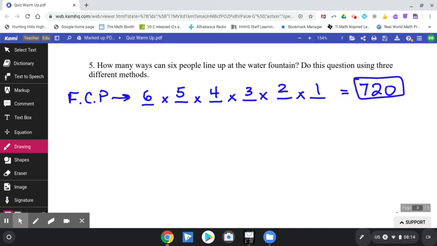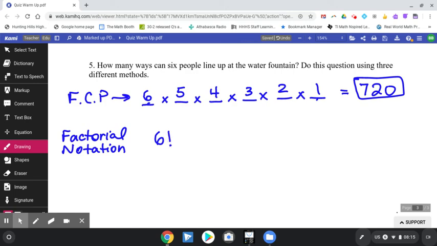All right, the second way I'm going to do this is with factorial notation. As I was typing this in my calculator, that's kind of the point where I realized, hey, there's a shorter way to do this. If I'm multiplying by starting at 6 and using every number all the way down to 1, the quickest way to do that is just to say 6 factorial.